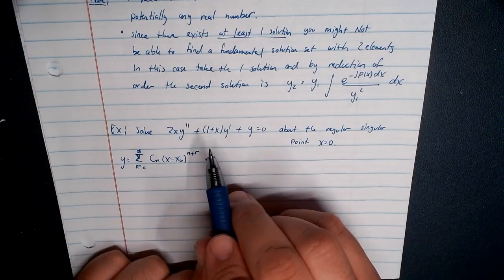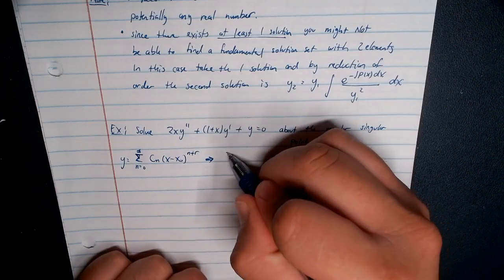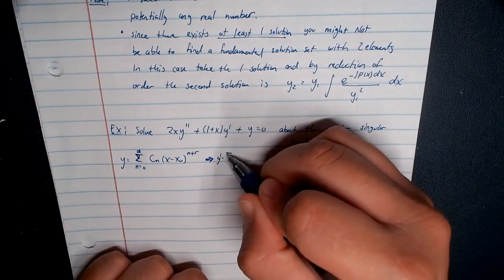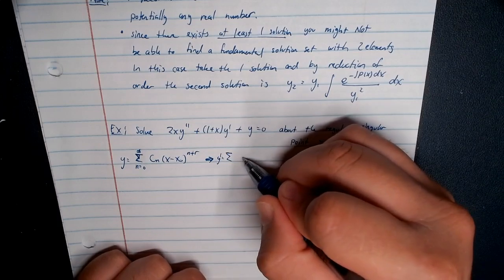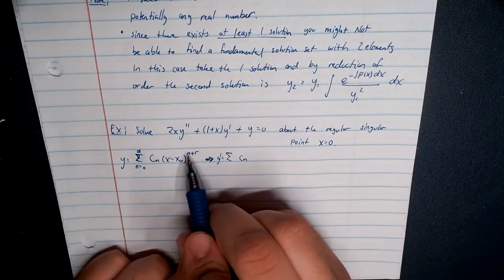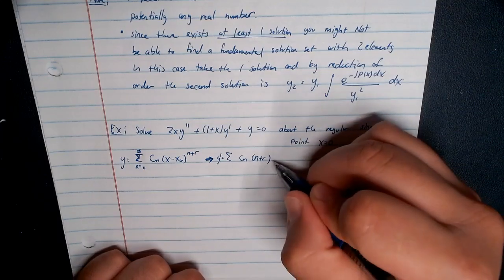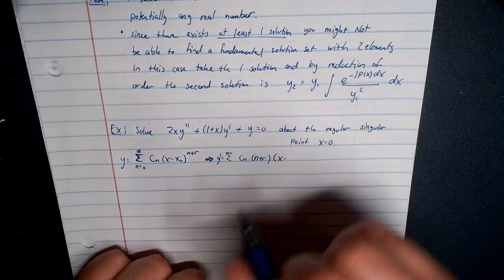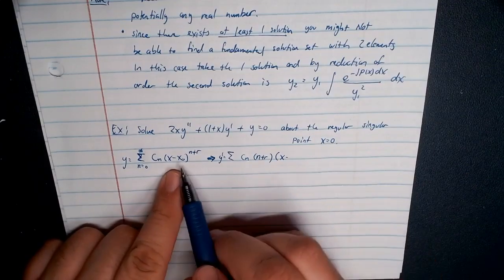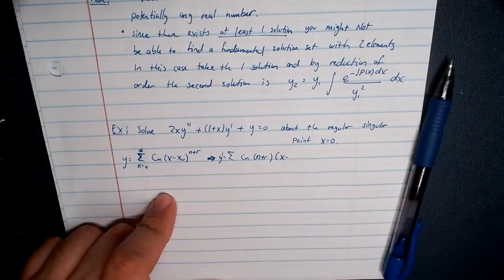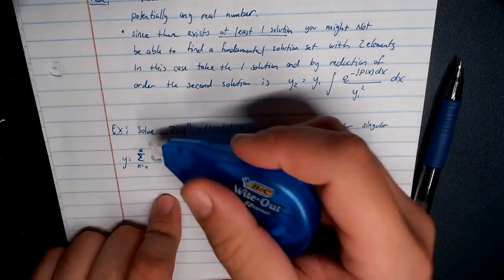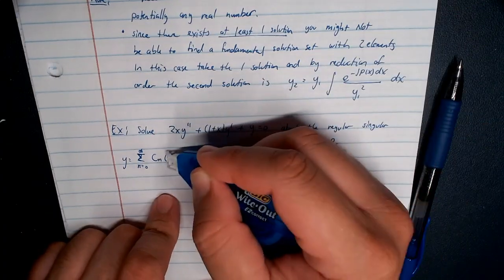All right, so let's see. We've got the derivative here, y prime equals the sum of c sub n. I would take my n plus r and bring that down. So it's going to be n plus r. And then I'd have x. Oh, you know what? Since x naught is equal to 0, I don't even have to write x minus x naught. It's just x minus 0, which is just x.